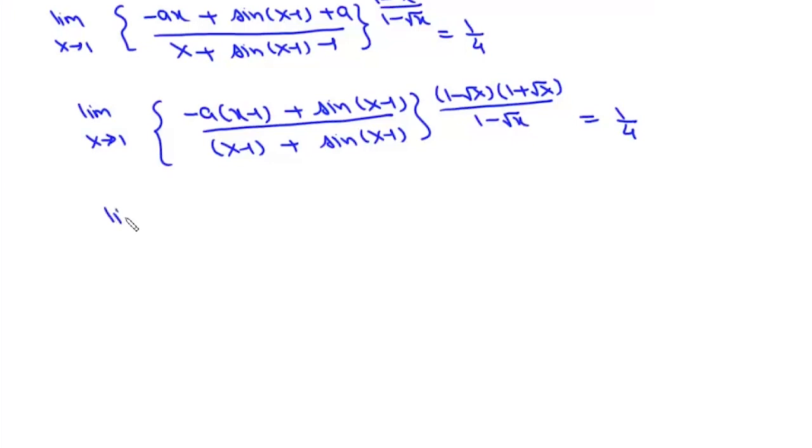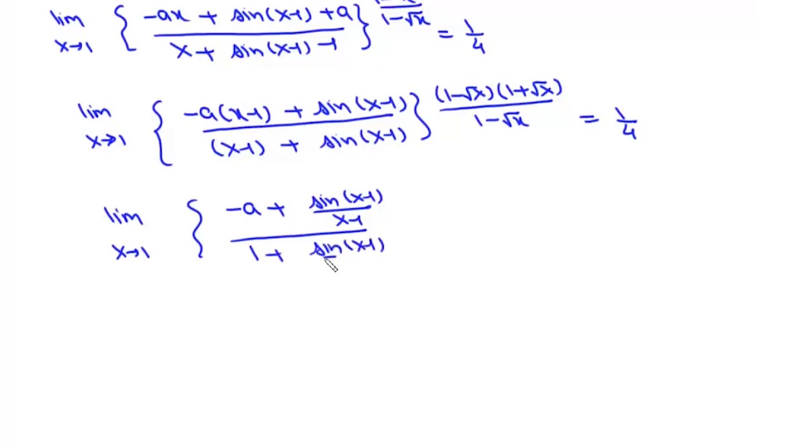So now we can write this as limit x tends to 1 of minus a plus sine x minus 1 upon x minus 1, over 1 plus sine x minus 1 upon x minus 1, and in the power, if we cancel 1 minus root x, it will be 1 plus under root x, and this is equal to 1 by 4.